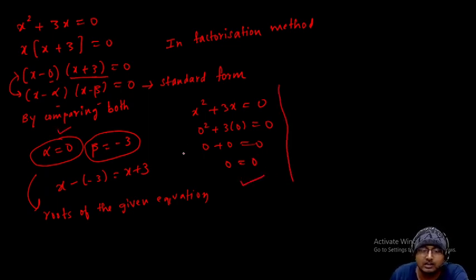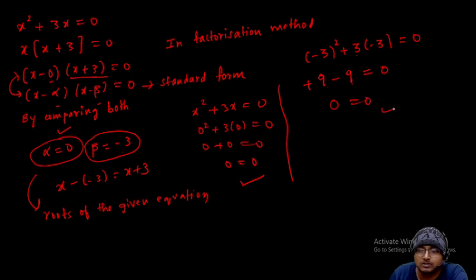Now check with the other value. Beta equal to minus 3, you put in this equation. Minus 3 whole square plus 3 into minus 3 is equal to 0. What will you get? 3 square is 9, plus 3 into minus 3 you will get as minus 9, is equal to 0. So 9 minus 9 is 0, equal to 0. So this is also correct.